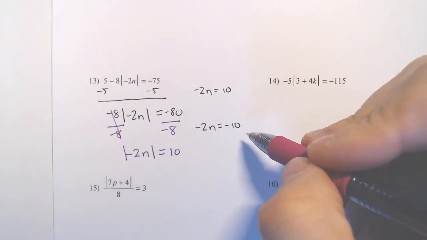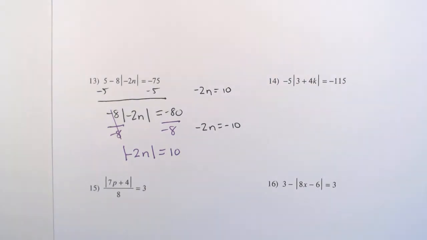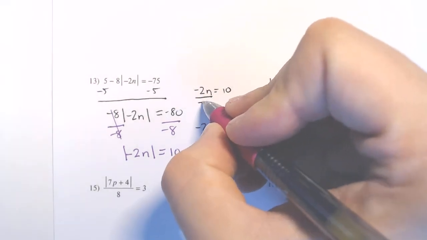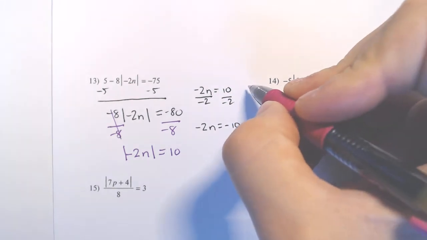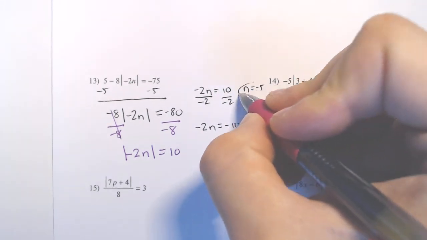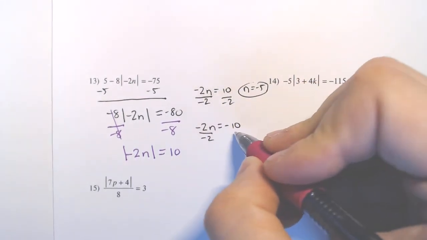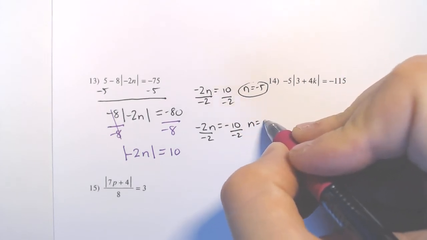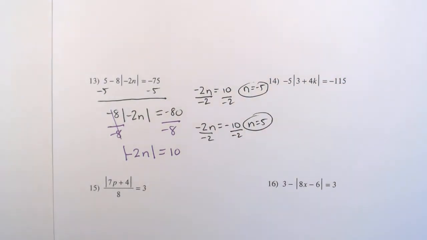Set one equal to positive, set one equal to negative, and go from there. Divide by negative 2. n would equal negative 5. Divide by negative 2. n would equal positive 5. Easy as that.